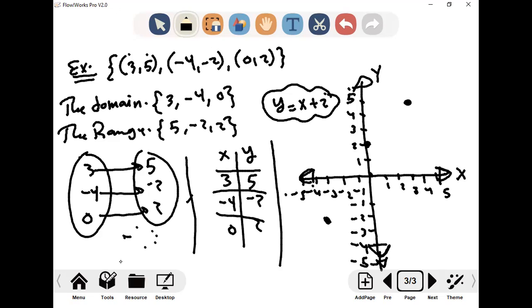Add 2 to the 3. Add 2 to the negative 4. Add 2 to the negative 4. Add 2 to the 0. So what we are doing here, if we add 2 to the x, we have what?